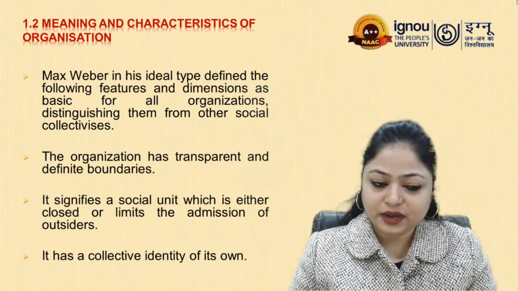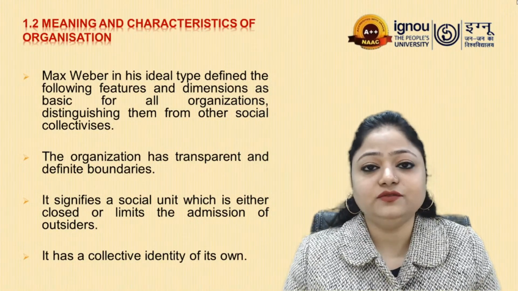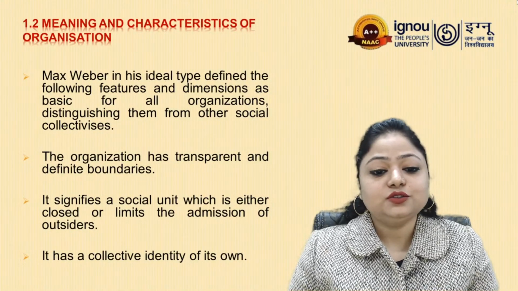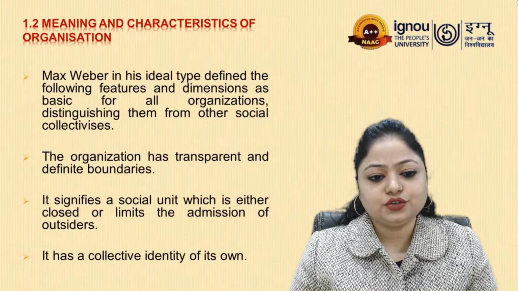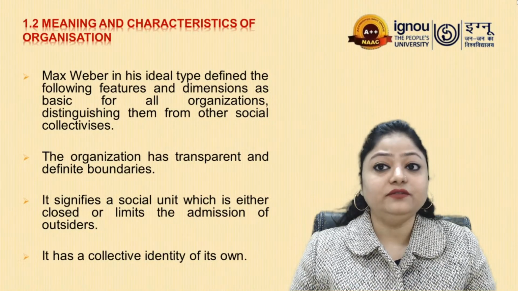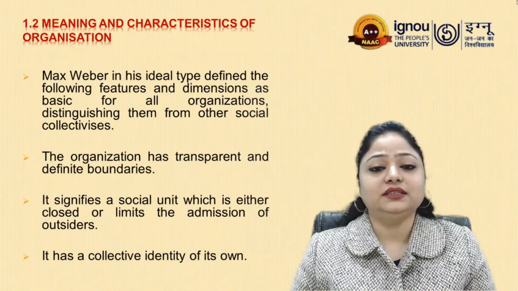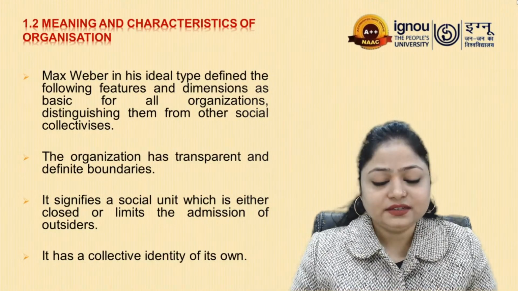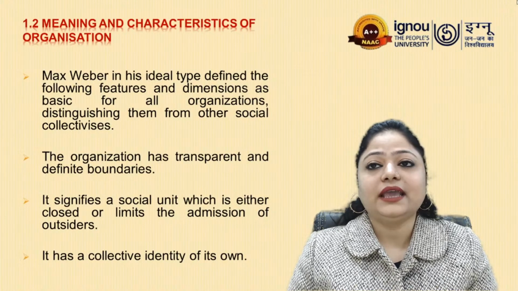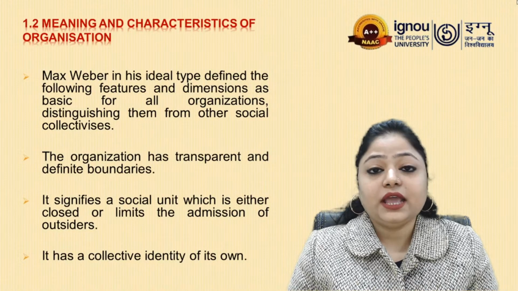So there are definite boundaries within which every person is supposed to work and have their motives met, and it signifies the social unit which is either closed or limits the admission of outsiders. So it has a boundary where outsiders cannot intervene, and it is only the members of the organization who are supposed to do activities. Yes, outsiders' intervention can be done, but it can be done only in the case of need or as per the requirement.